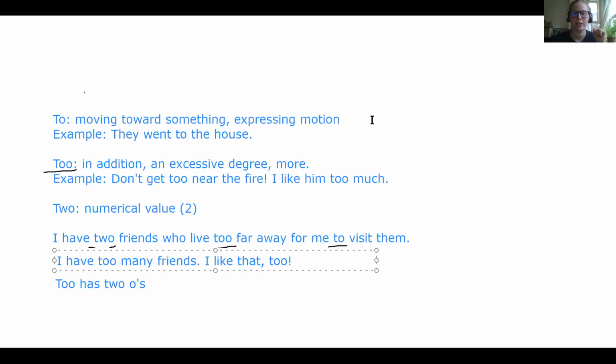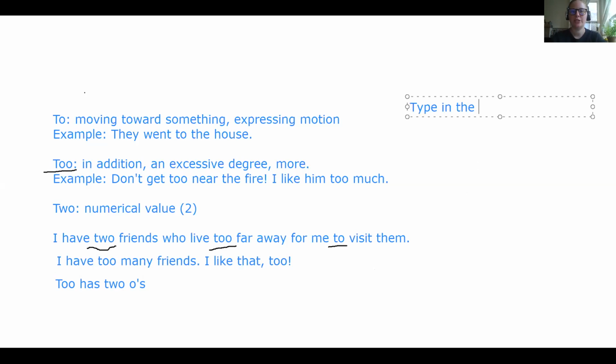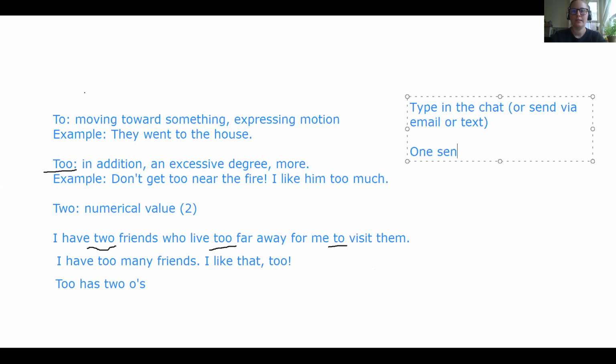You're going to type in the chat or send via email or text one sentence using two of the following, right?